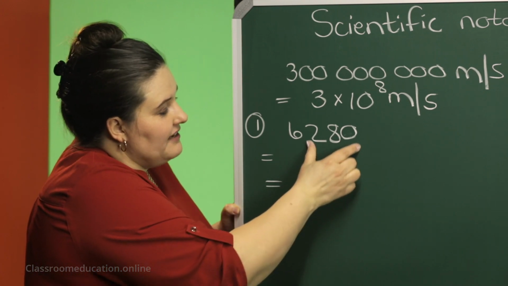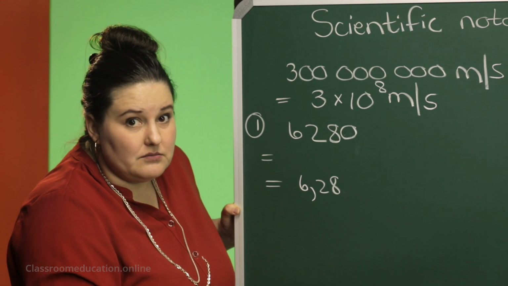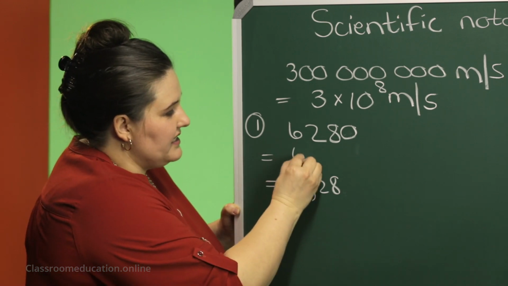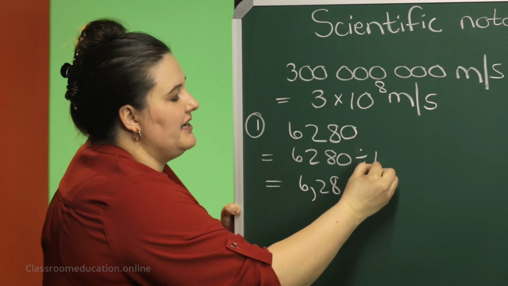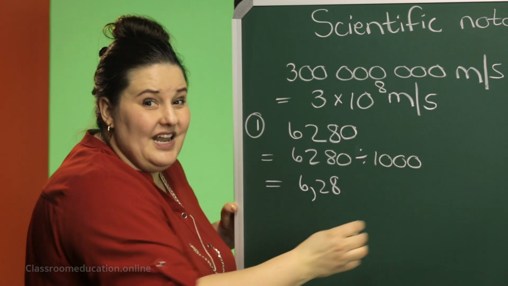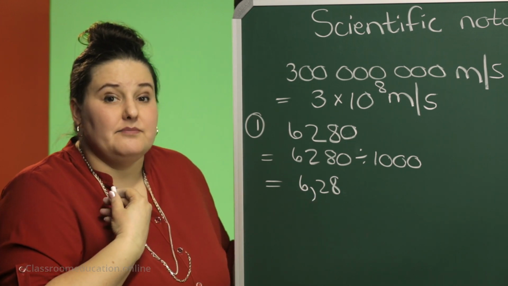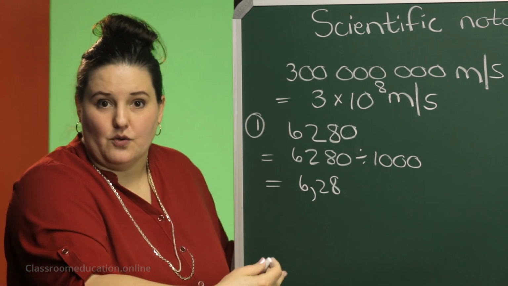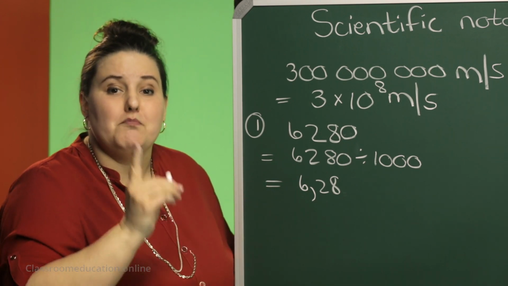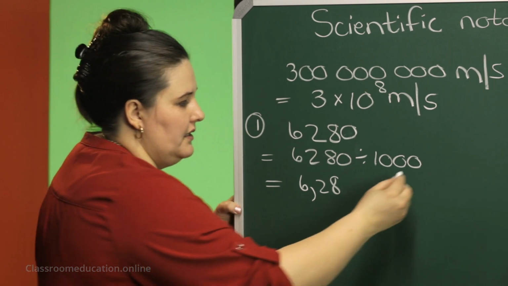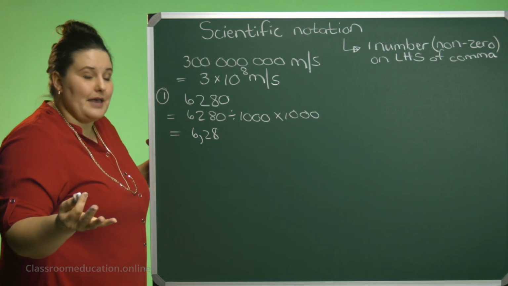I actually divided this value by 1,000. So 6,280, I say divided by 1,000. Now I cannot just divide and leave it like that because now I'm changing the value. So what am I going to do? Immediately I'm going to multiply by 1,000. Now what's happening?